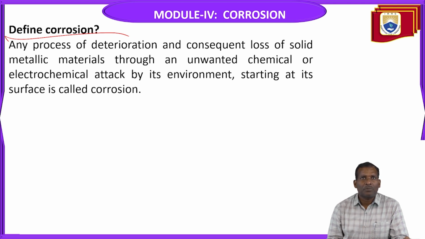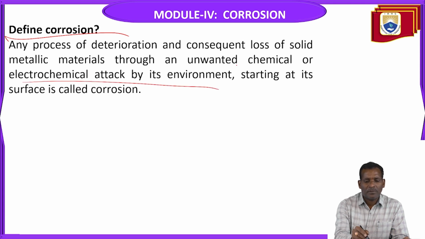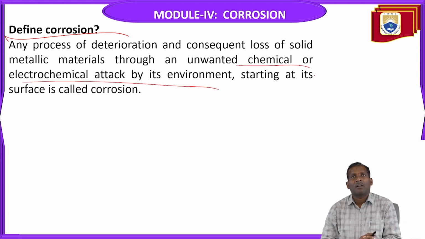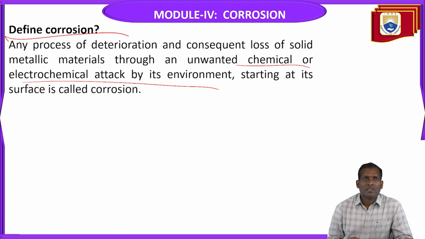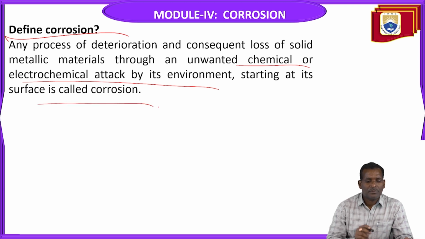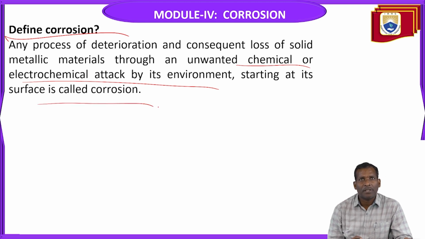Any process of deterioration and the consequent loss of solid metallic materials through an unwanted chemical or electrochemical attack by its environment, starting at its surface, is called corrosion.